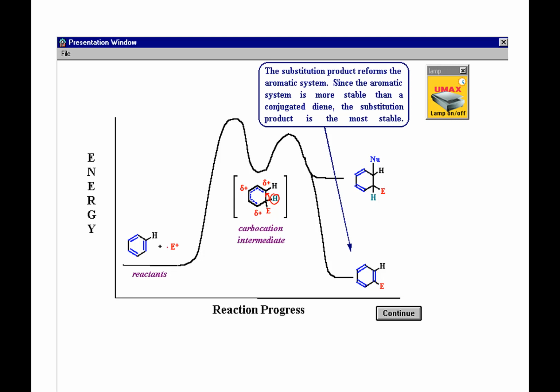So while we start by adding an electrophile to the benzene ring, we don't do what would be called electrophilic addition, because electrophilic addition would be add the electrophile, add the nucleophile to the double bond. That's not going to form the most stable product. What's going to form the most stable product is to then lose the H+ and do substitution, because that's going to reform this benzene ring. And that's what's going to happen.